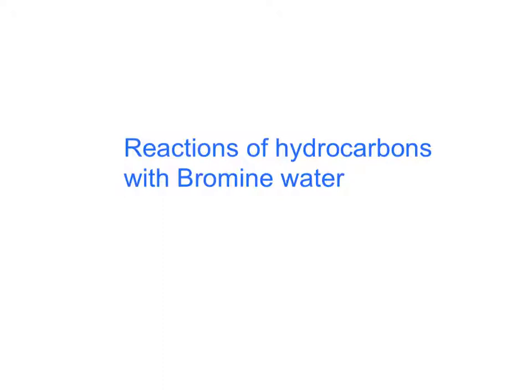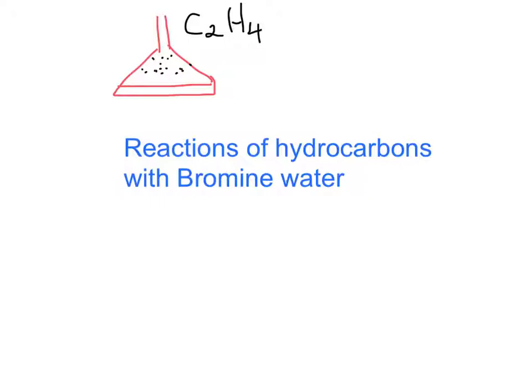And when I say suitable, I mean for this experiment, let's imagine here that you've got a lovely conical flask here, and down the bottom we have some bromine water, and you add, let's say, your ethene, C2H4, that's in a gaseous state. So when you add it, you're going to have all your alkene up here, your bromine water down here, and there's no reaction going to take place.